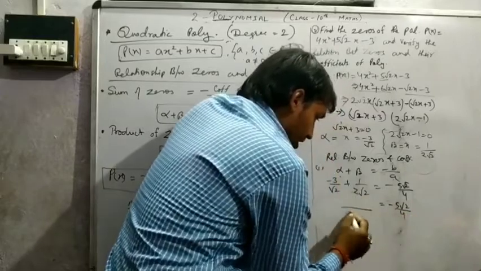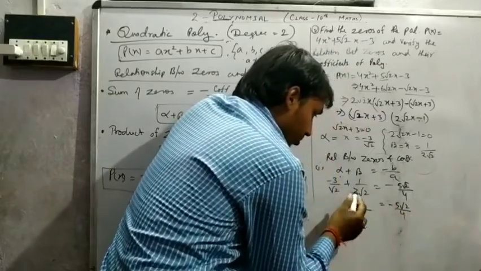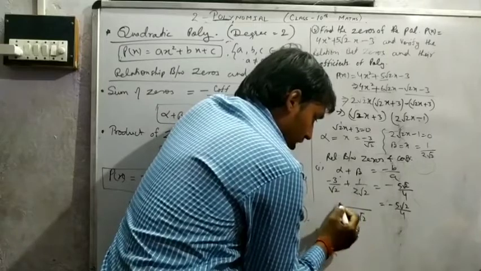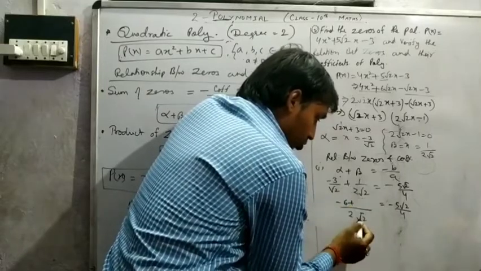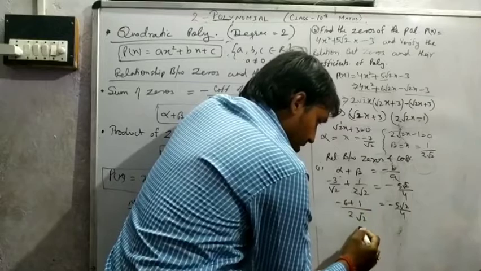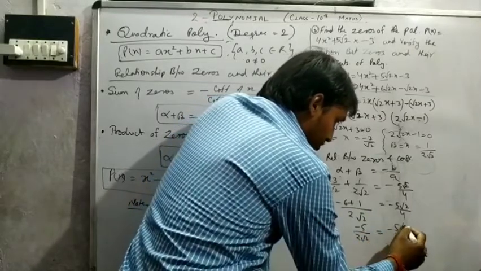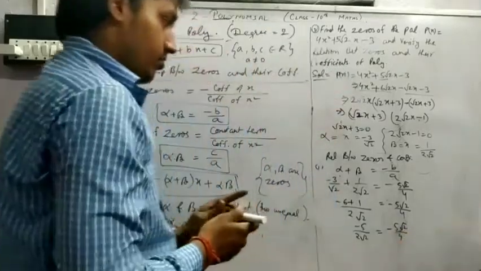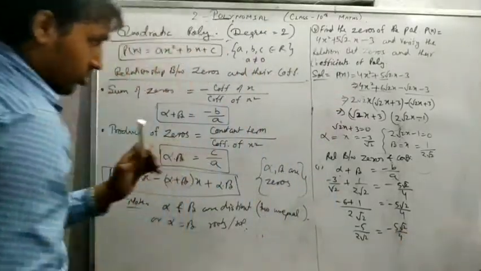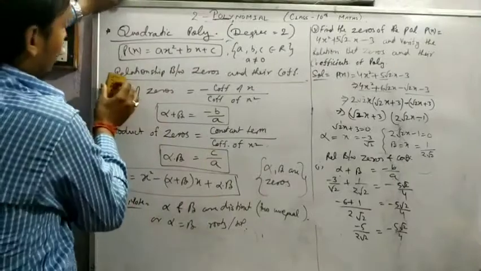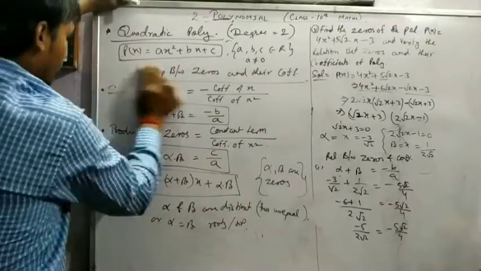Here take the LCM 2 root 2. So root 2 cancels, 2 times 3 is 6, 2 root 2 cancels, 1 times 1 is 1: minus 5 upon 2 root 2 equals minus 5 root 2 upon 4. Don't be confused, it's not yet the answer.